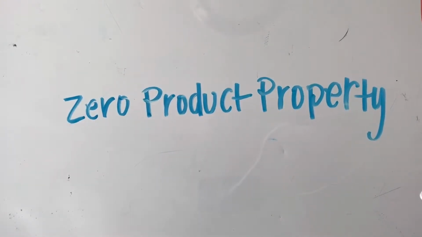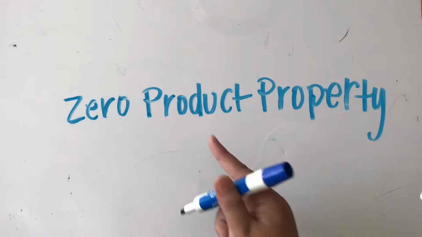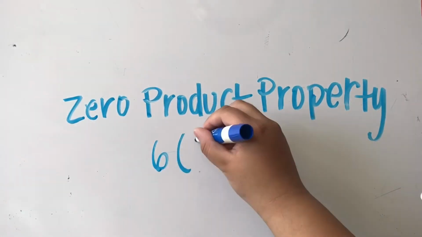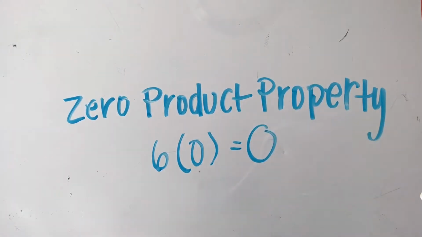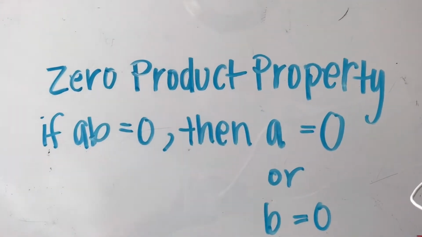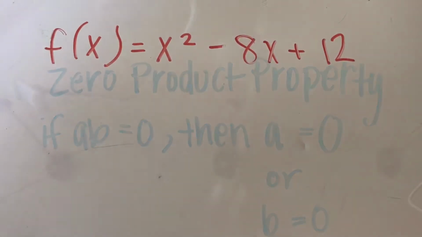One property that you would need to know is the zero product property. This means if the product of two quantities equals 0, at least one of the quantities equals 0. So for example, 6 times 0 equals 0. Another way of saying this is if AB equals 0, then A or B equals 0.